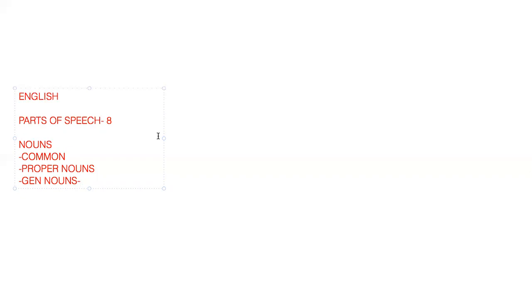General nouns are names of conditions or ideas. With a general noun, you're going to be looking at things like a condition, like beauty or strength, or an idea like truth or peace. So those are general nouns.